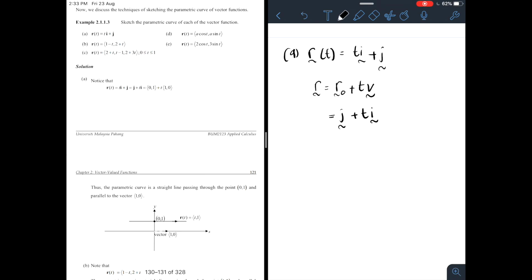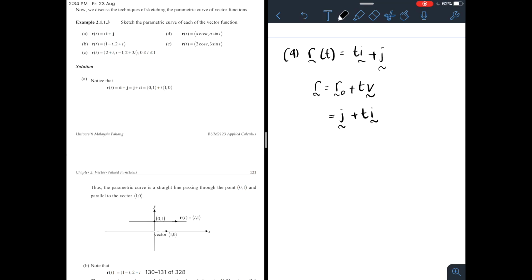Since it involves i and j components only, what you should know is that it will give you a parametric curve that lies in a two-dimensional coordinate system. So it will only involve i and j components.